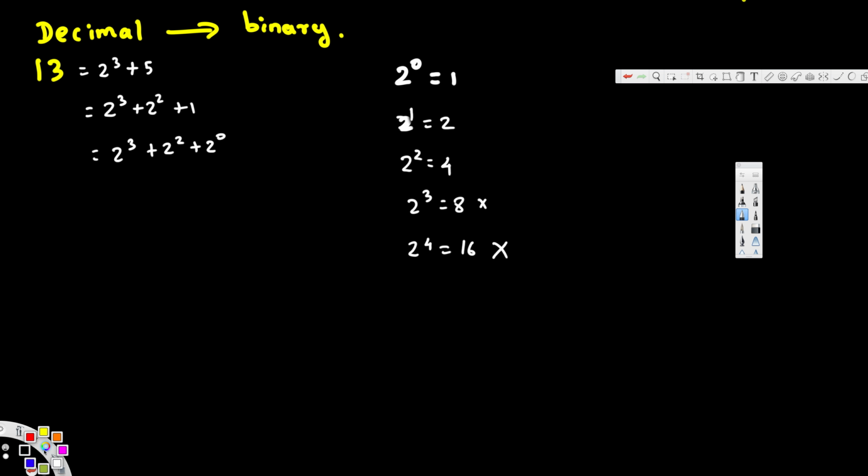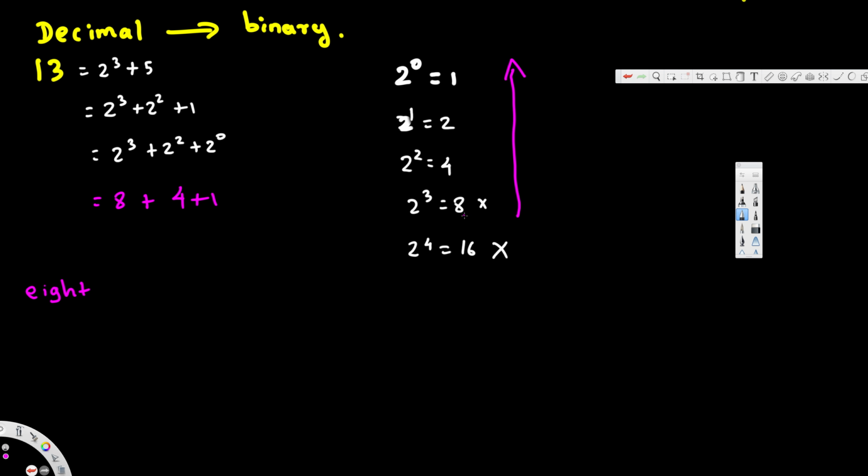Now what we have to do is go in this order. Here we have 8, and also we have 4 plus 1 is equal to 13. Now we have to see how many 8s we have.